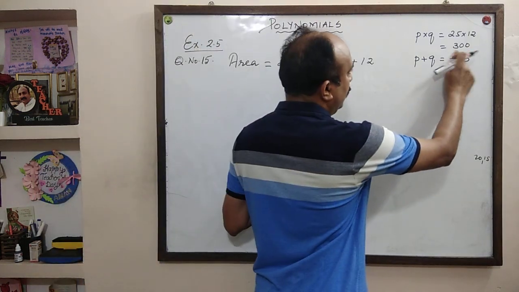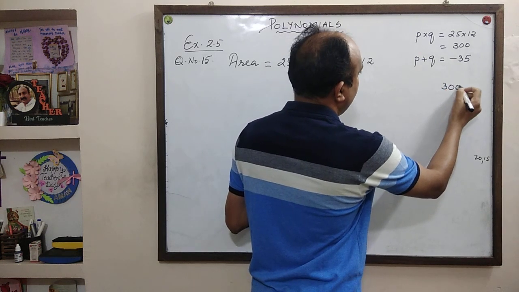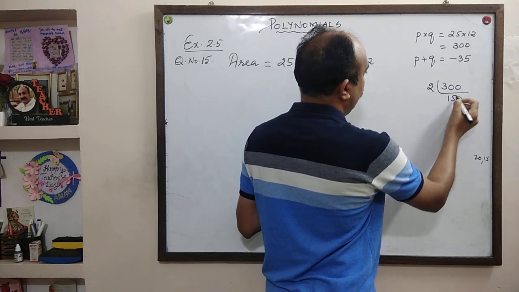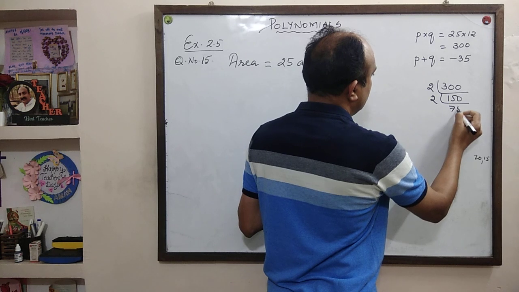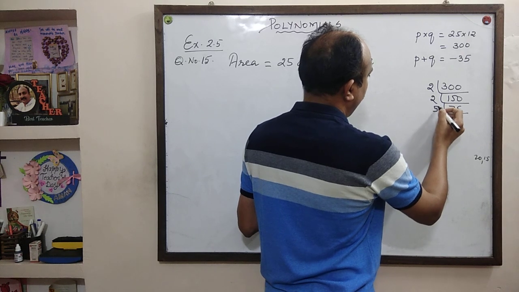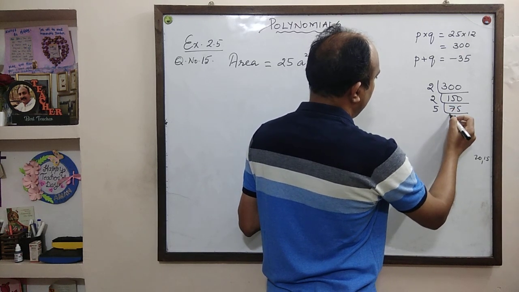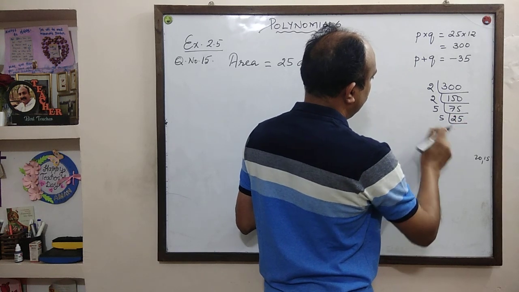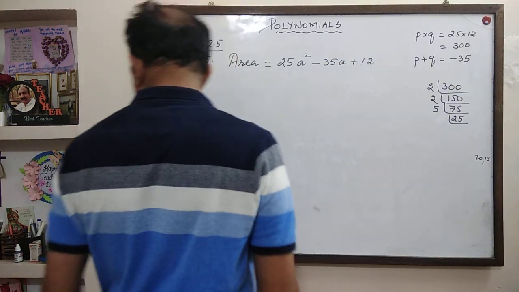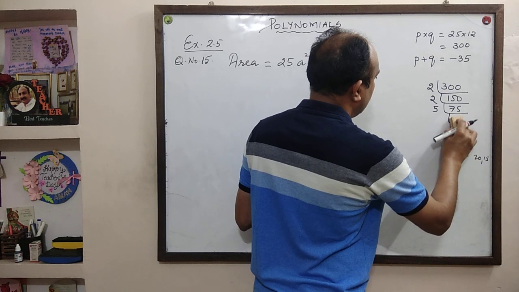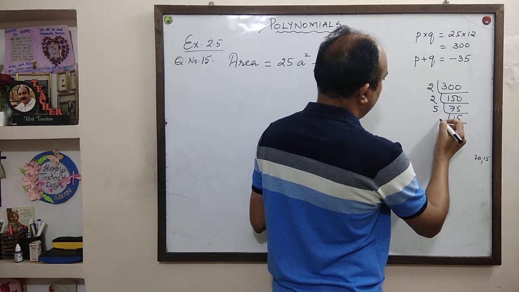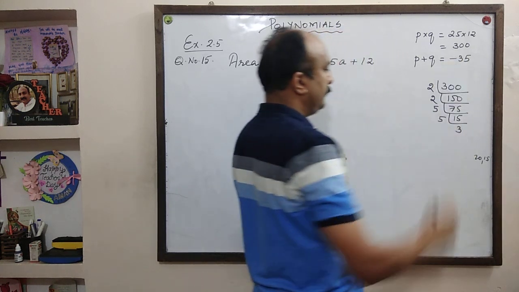You take the product of the two numbers and factorize it. 2, 150, again by 2, 75, by 5, 15, again 5, 3.